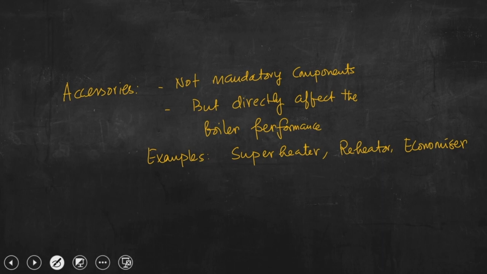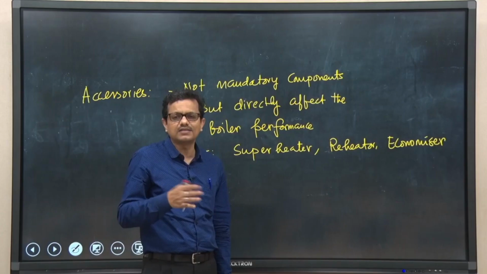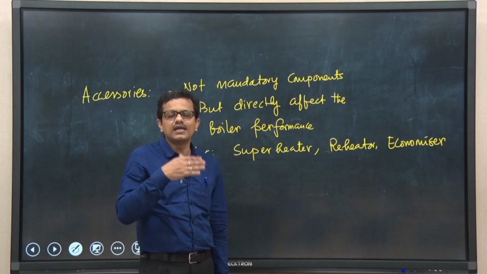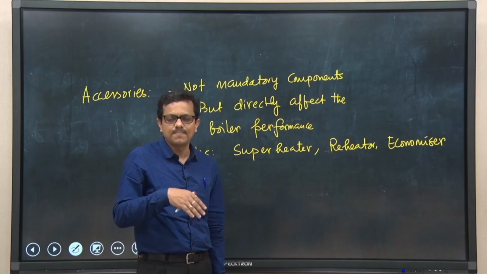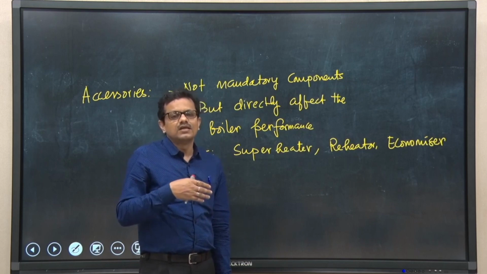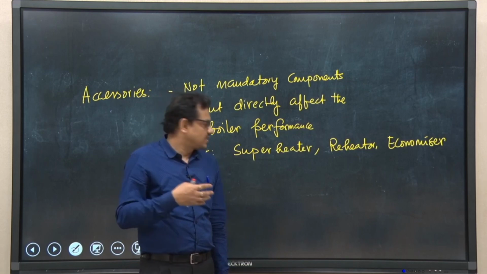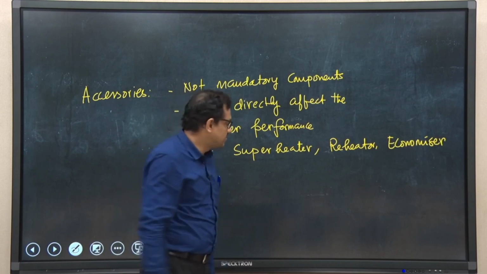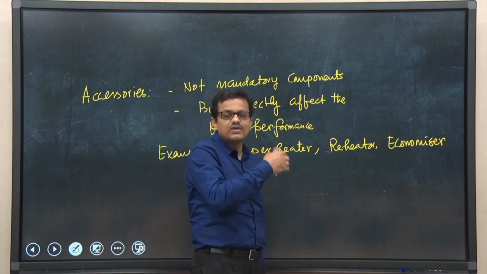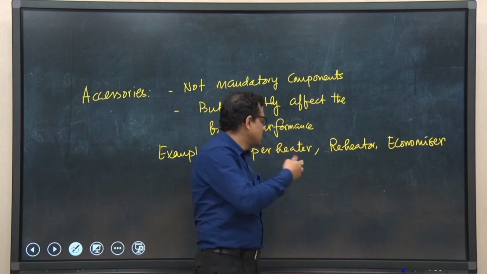All these are basically the accessories. So, these directly affect the boiler performance. You can see from the name itself, superheater we have discussed, that is convective superheater and radiative superheater. These two superheaters are placed inside the boiler, and the entire purpose of placing these components is to get superheated steam, and that means we are trying to increase the efficiency of the boiler, right.